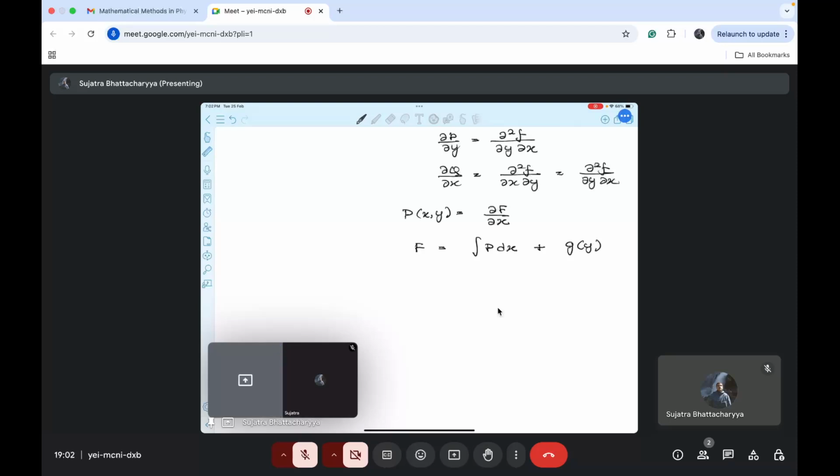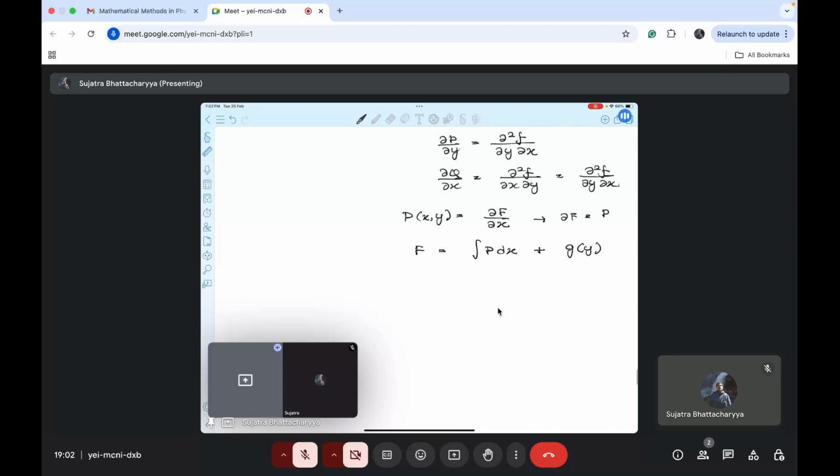This is a constant of integration, but this constant will be in terms of y. We are writing this simply as delta f on one side, and p delta x on the other side. But since this is a partial integration, you will get a constant with y. That is what I am writing.